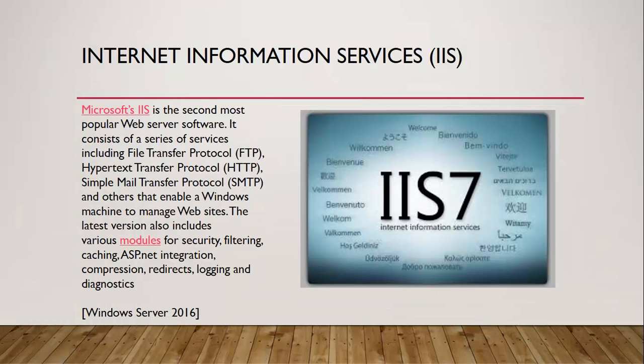It consists of a series of services including File Transfer Protocol (FTP), Hypertext Transfer Protocol (HTTP), Simple Mail Transfer Protocol (SMTP), and others that enable a Windows machine to manage websites. The latest version also includes various models for security, filtering, caching, ASP.NET integration, compression, redirects, logging and diagnostics.